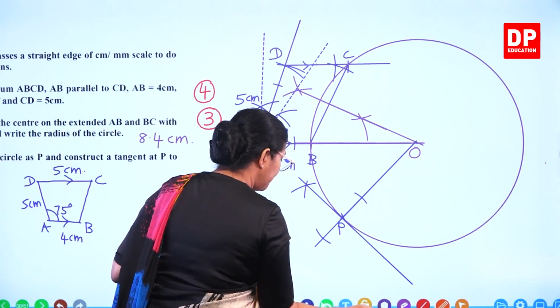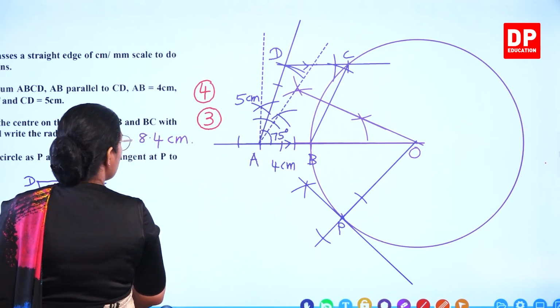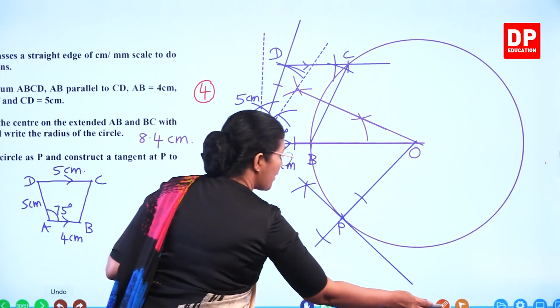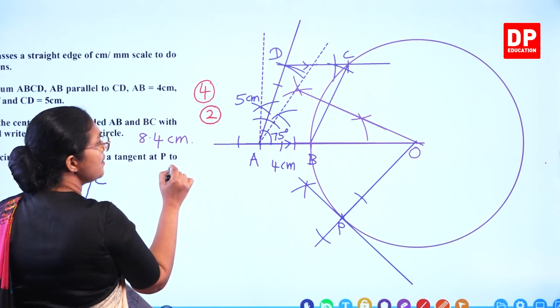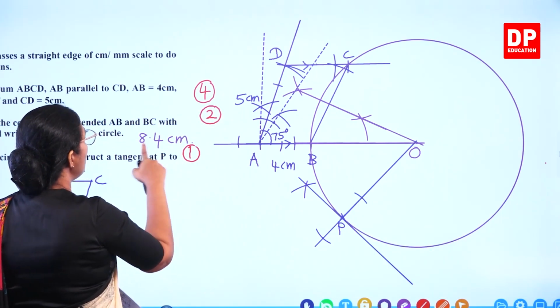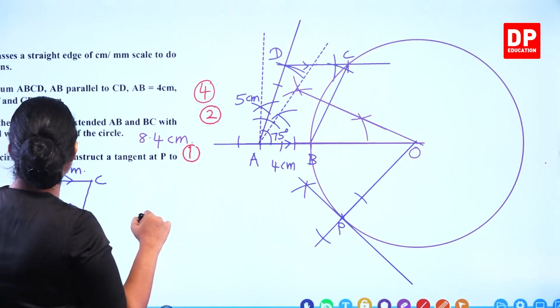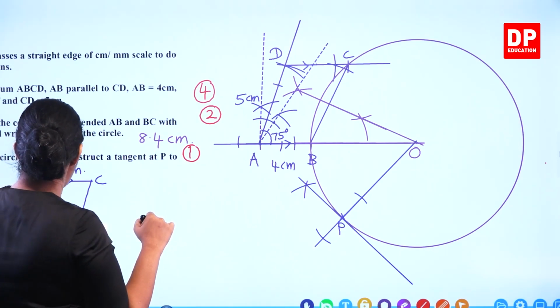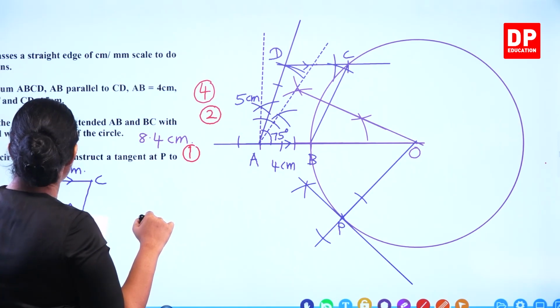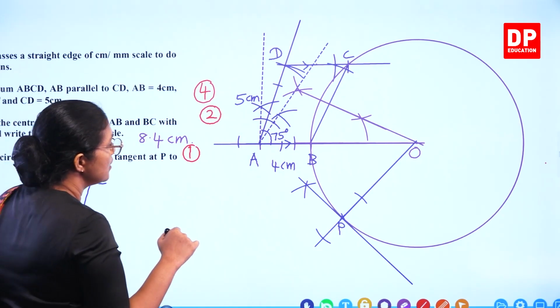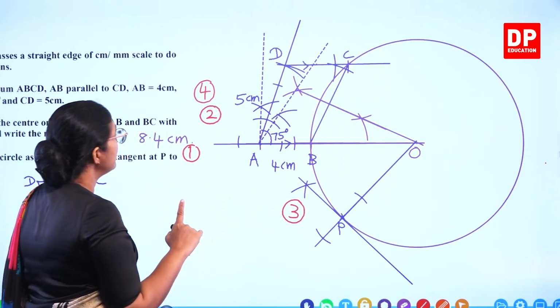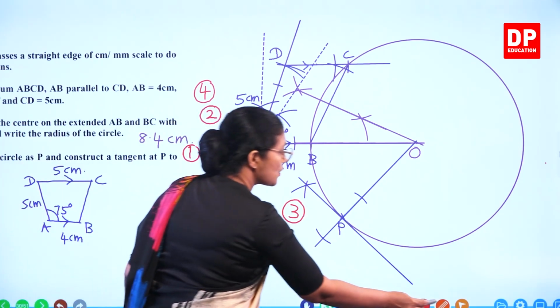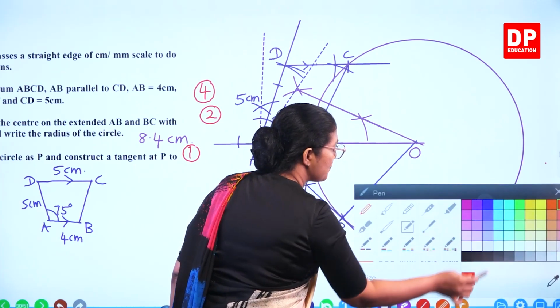So I'll erase this one and put 2 and 1. 2 marks for drawing the circle and finding the center, and 1 mark for measuring the radius, and last part, drawing the tangent, 3 marks. So altogether 10 marks for the construction question.